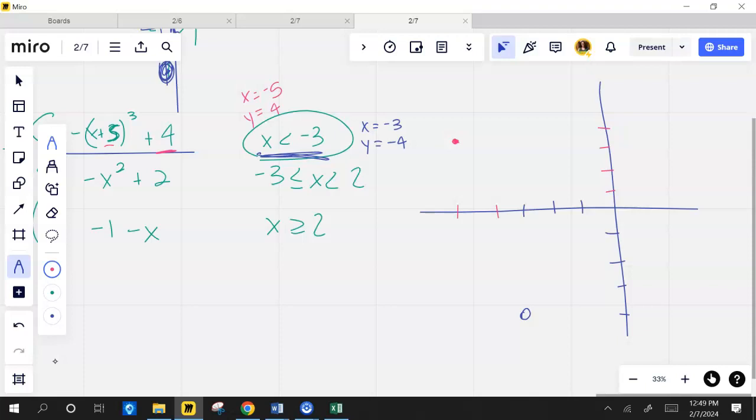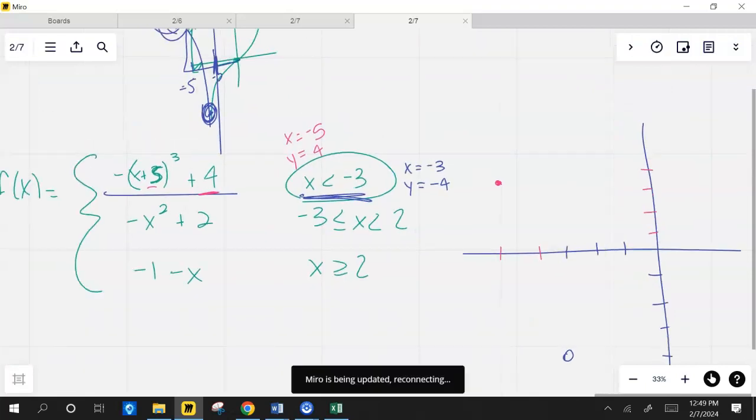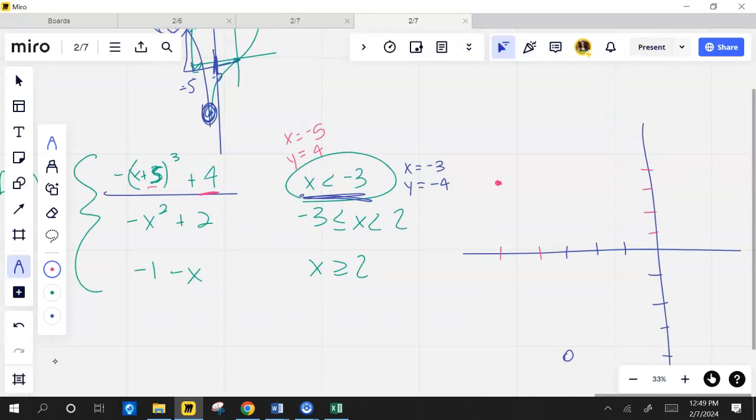But you got to know where to cut it off if you put it in the calculator, because it's not the whole graph. I'm going to pick one more point, because this is just that middle point. So maybe I picked -6. But if you put in -6, what do you get?